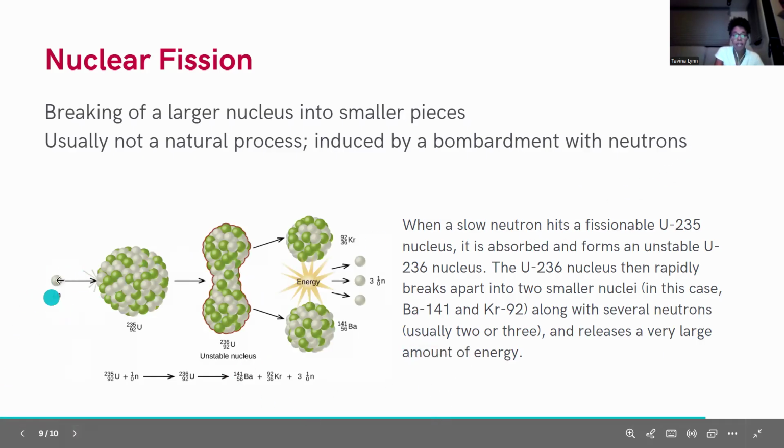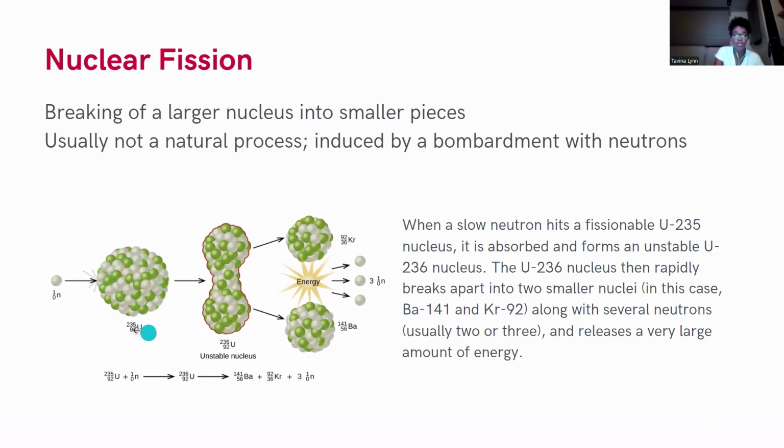We have a neutron that crashes into a uranium-235 nucleus. This results in uranium-235 becoming uranium-236, which is much more unstable. It's an unstable nucleus, which is why it splits apart into two smaller nuclei.